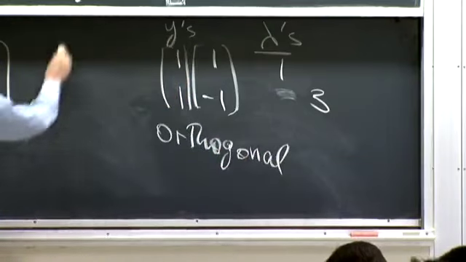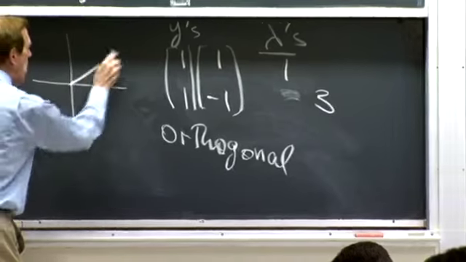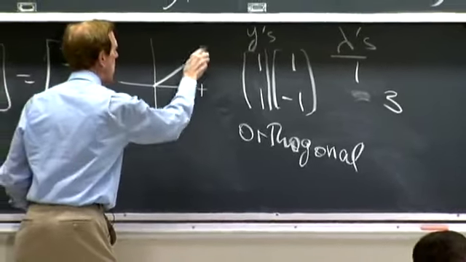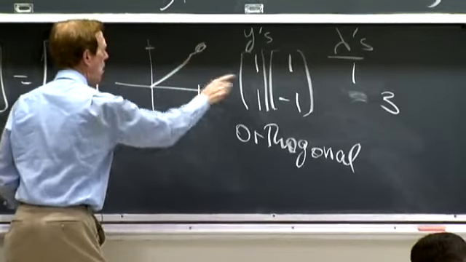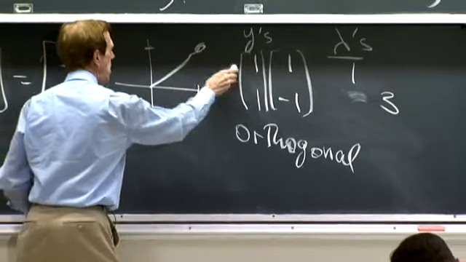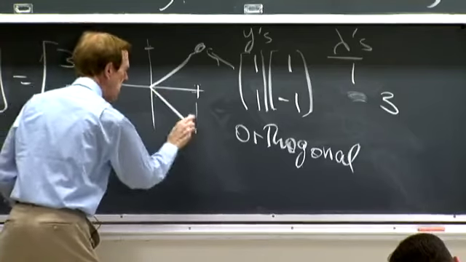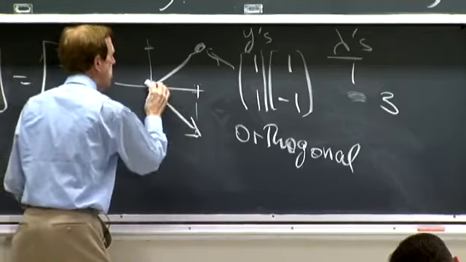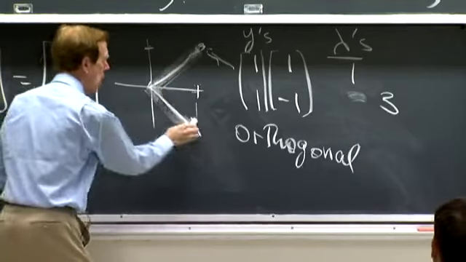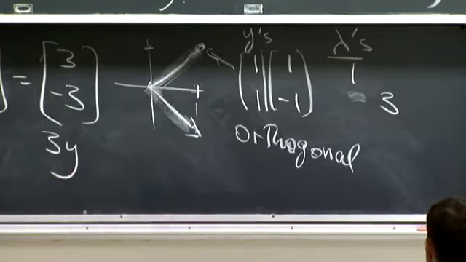I can draw them, of course, and see that. 1, 1 will go here, and 1, minus 1 will go down. So there's y1, there's y2, and they are perpendicular.